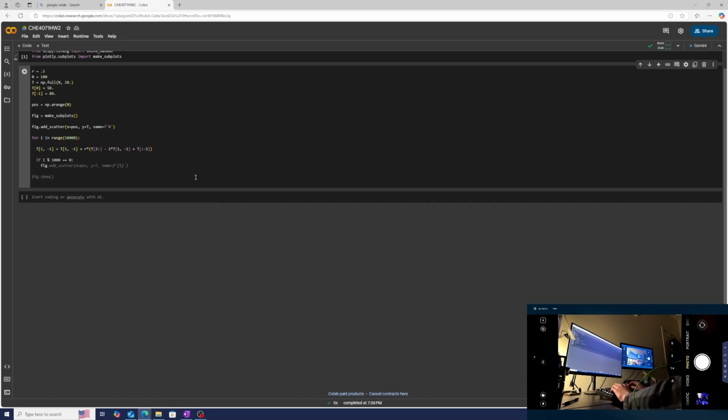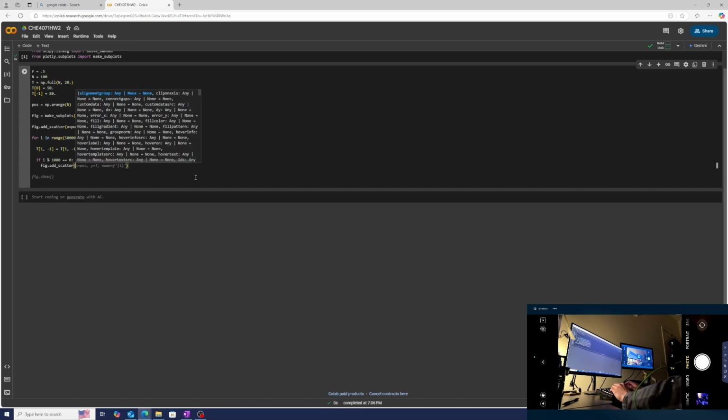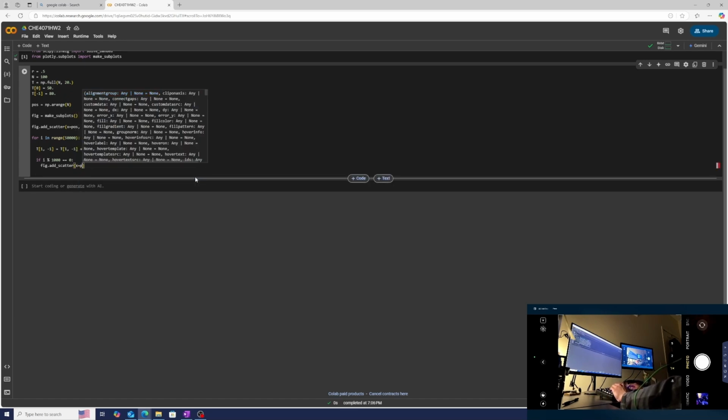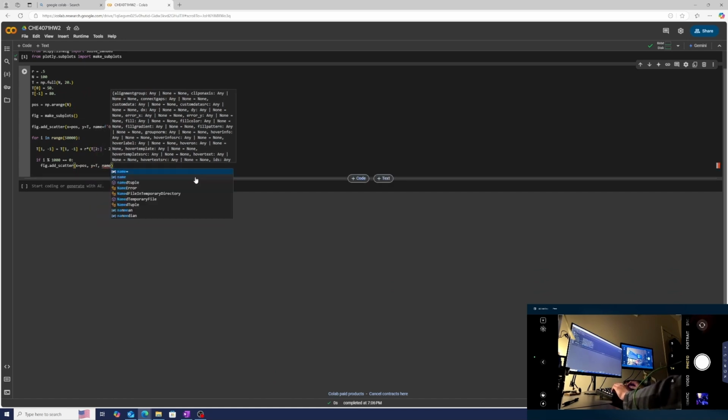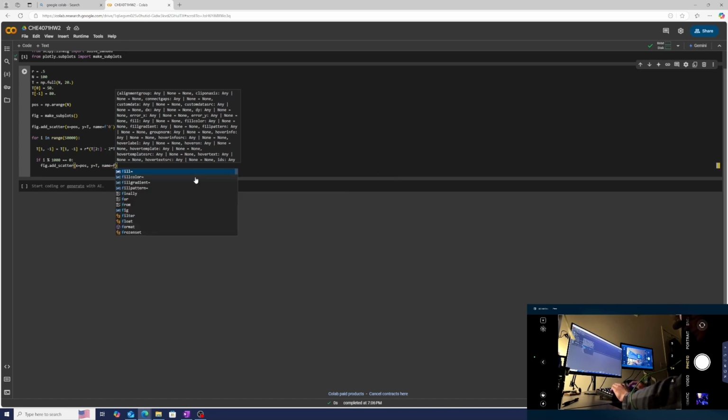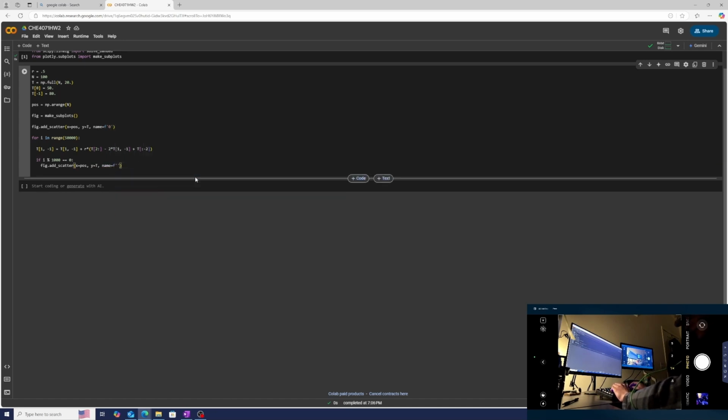So we'll only be adding something to our plot every 1,000 time steps. Again, x will be our position, y will be our temperature, and the name for each one of these is going to be our string, which we want to just be I.